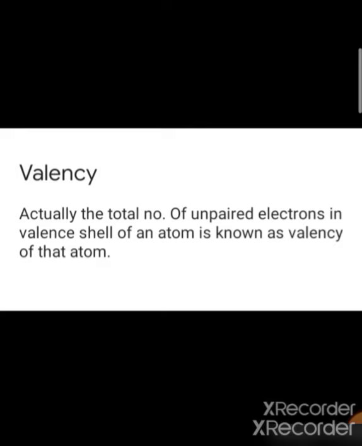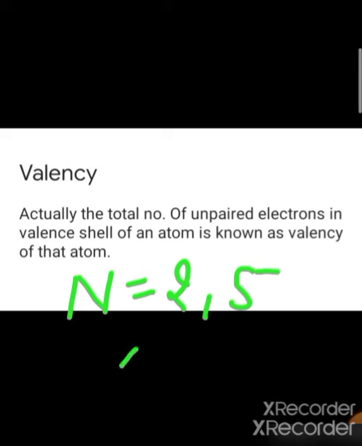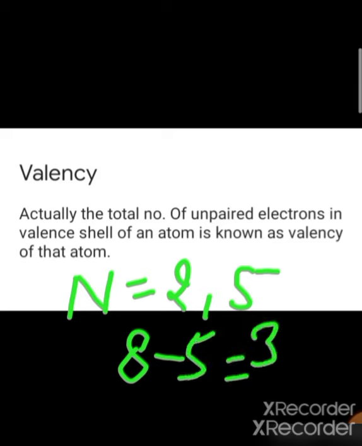Then the valency of nitrogen is not 5; the configuration is 2, 5. Then how do we get the valency? When the electrons are more than 4, then valency is 8 minus the valence shell electrons, so the valency of nitrogen is 3, meaning the total number of unpaired electrons in nitrogen is 3.